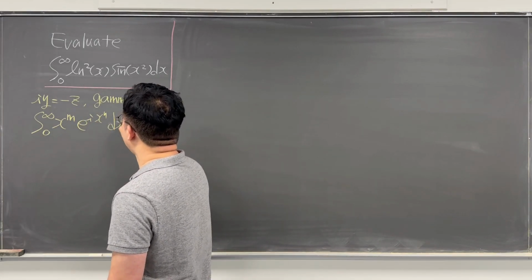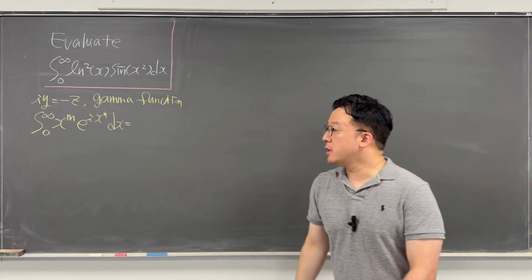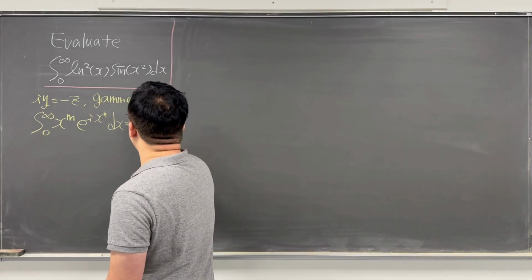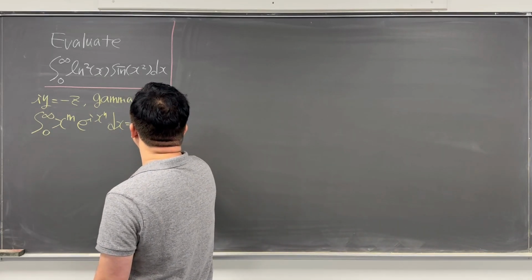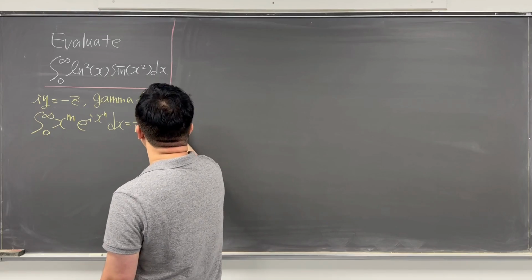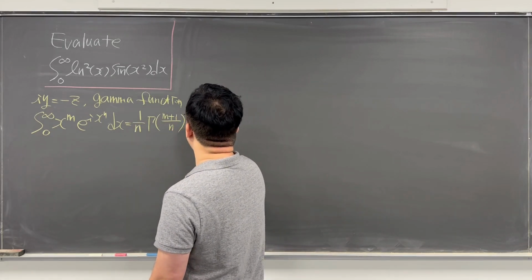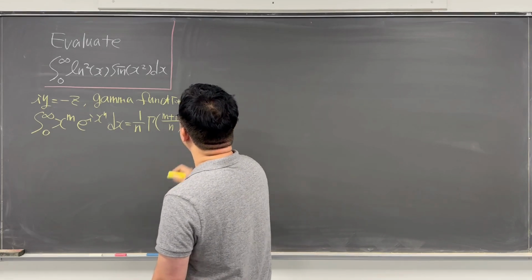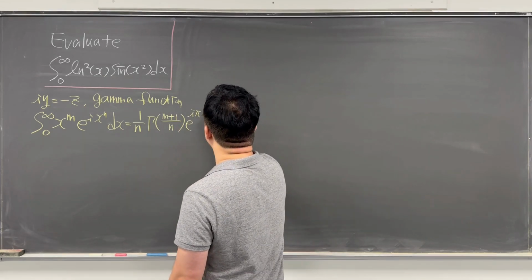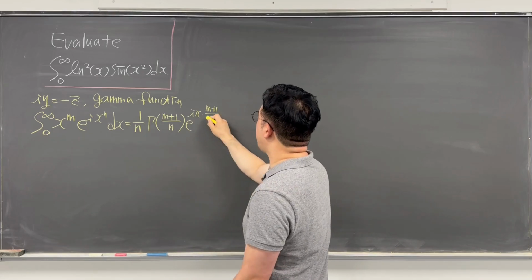Okay, this is a really useful expression. This has to be the same as 1 over n, times gamma of m plus 1 over n, times e to the power of i pi times m plus 1 over 2n.